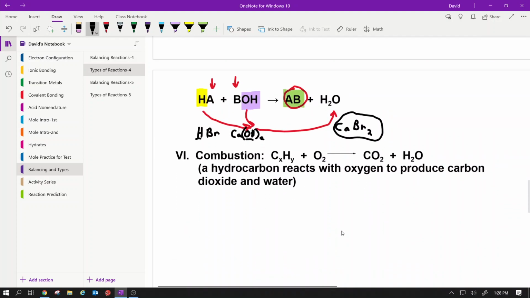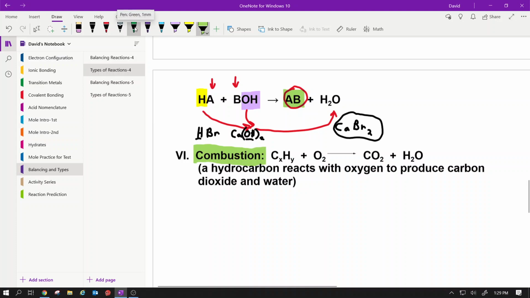So let's roll on down and look at our last one, combustion. Combustion is pretty straightforward. It's going to start with CxHy. Those are some kind of numbers, C2H4, C6H19, whatever. But we've got some combination of carbon and hydrogen, maybe an oxygen on there, but usually just carbon and hydrogen. You add oxygen from the atmosphere, and that always generates CO2 and H2O.